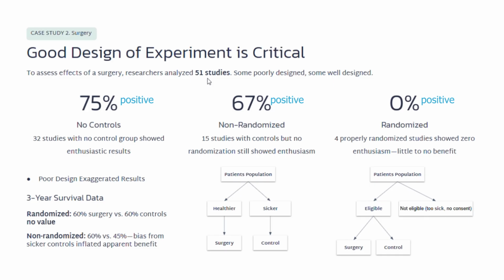And you have another diluting factor in your experiment that basically mixes up with the effect of the treatment, the effect of the surgery. Because you have the bias, because you have the sicker patients in your control group, you see the 3-year survival data for your control group less than for your treatment group.